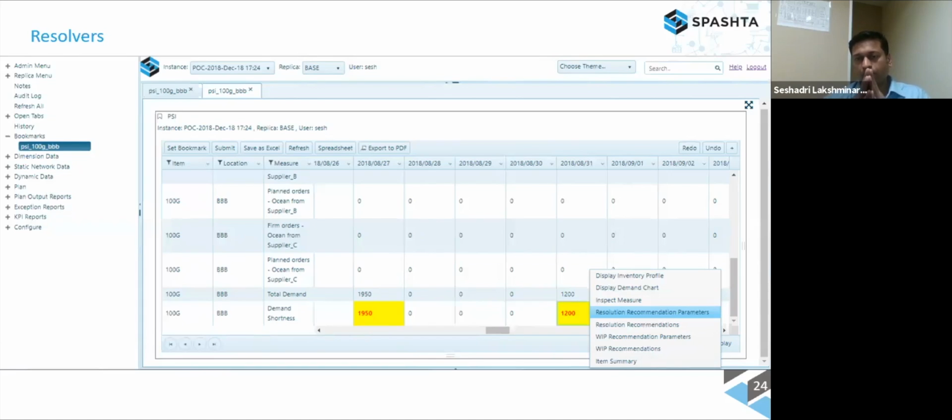So one workflow, for the customer we built this for, they're pretty clear that if this is the exception, these are the resolution mechanisms that we need. First of all, we should make it easy for the planner to jump from the exception to the resolution bench.